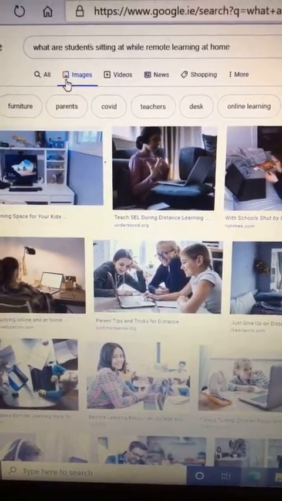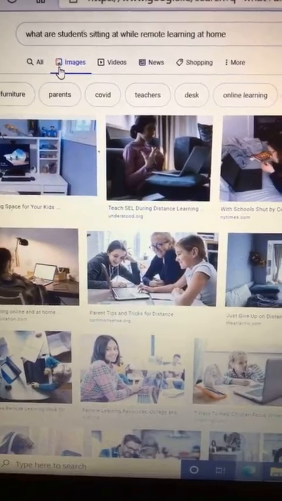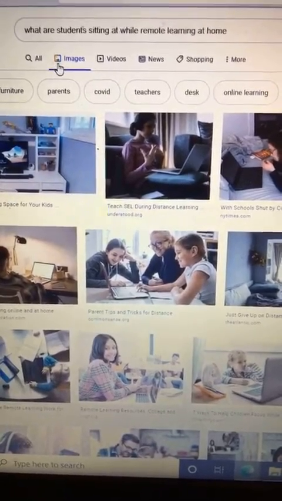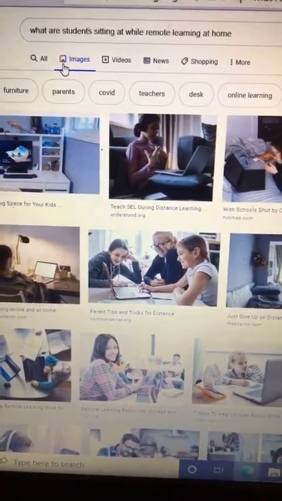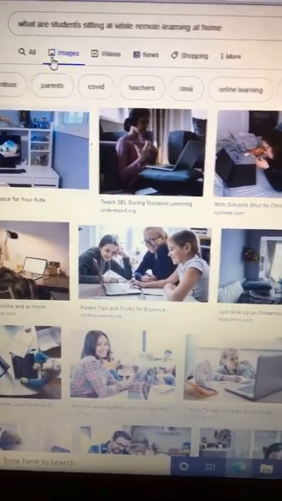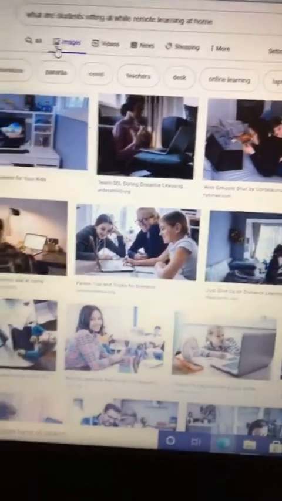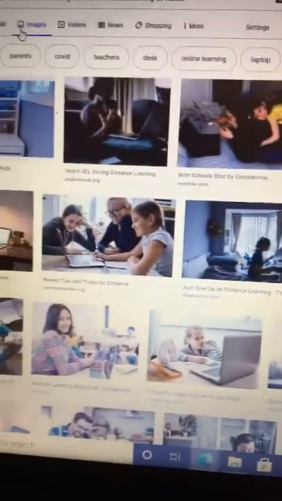The best way to gain an understanding of the next line is to go into Google Images and find out what other students around the world are using to sit at while they are learning from home, which is also called remote learning.